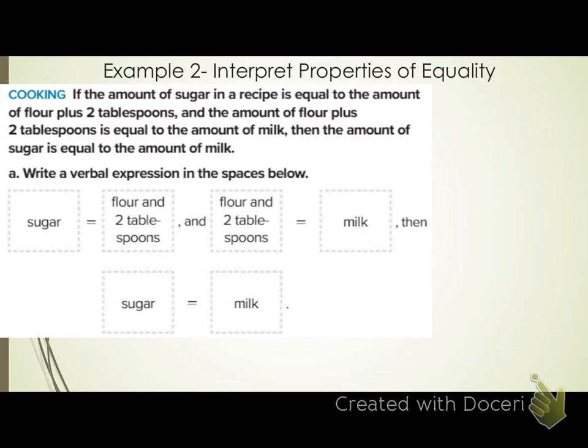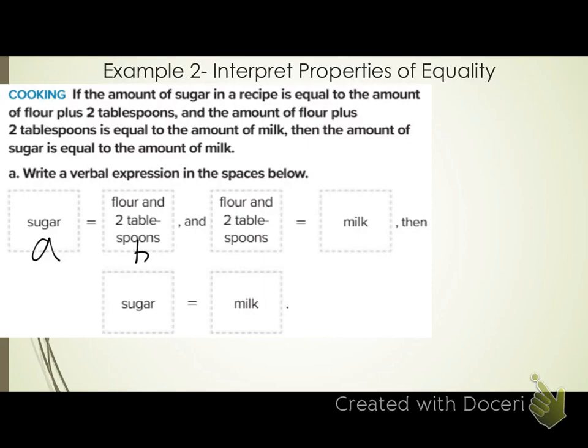So essentially, let's go ahead and assign some variables to these things. So kind of think like A, B, and C here. What variable do you want to assign to sugar? S. A? Oh, I heard S. Let's stick with A, B, and C for right now. Let's make sugar A. What do you want to make the amount of flour and 2 tablespoons?